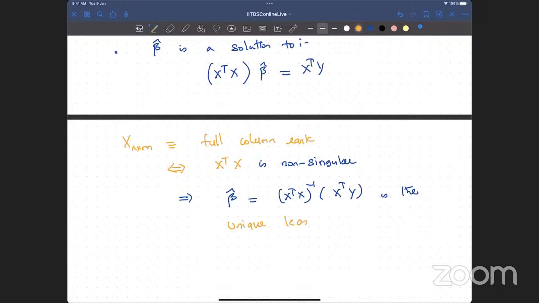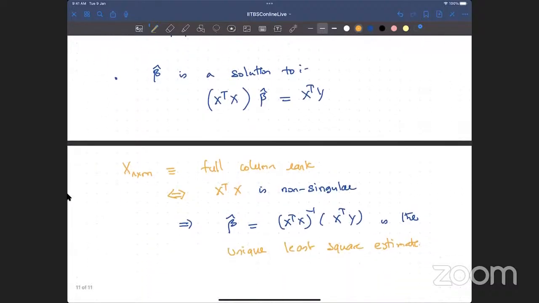Otherwise, you can have many solutions, but the moment you have full rank, you have a unique least squares estimate, and your problem is solved. You don't have to do any more than that. So this is how you connect independent parametric functions with the rank of X. And this is clearly saying that I can estimate beta hat by this expression.